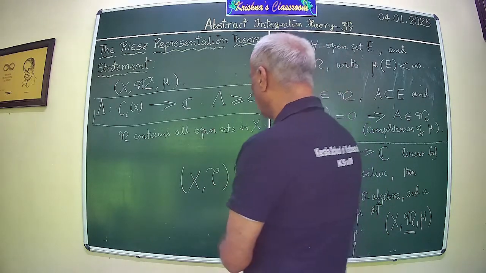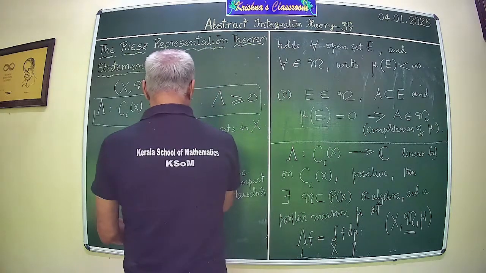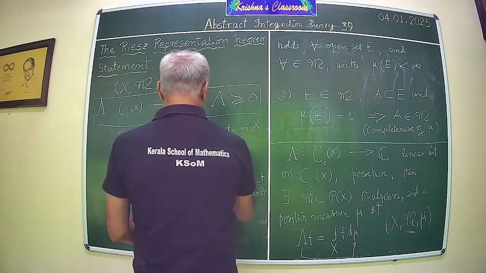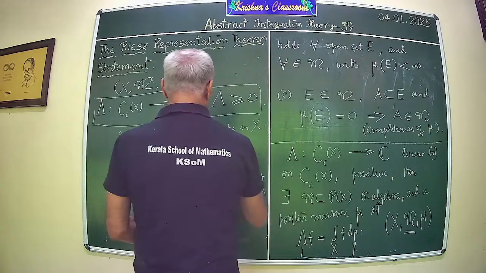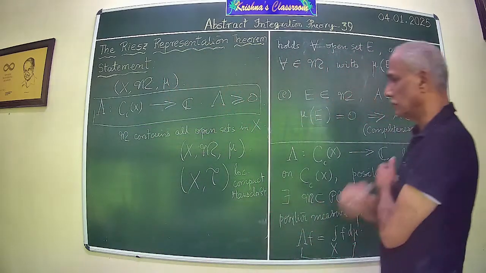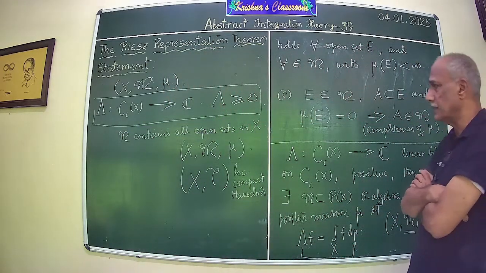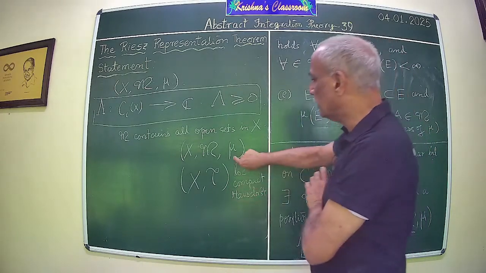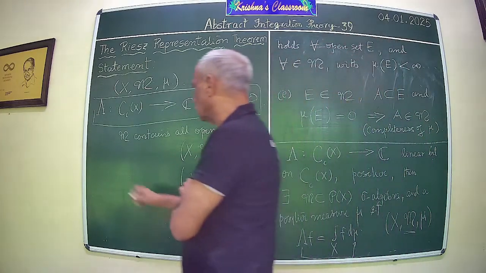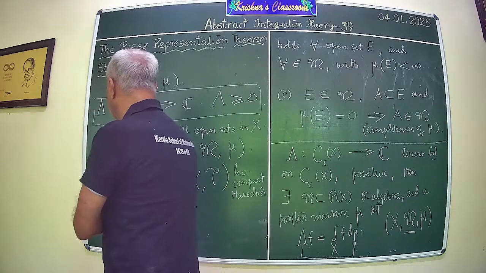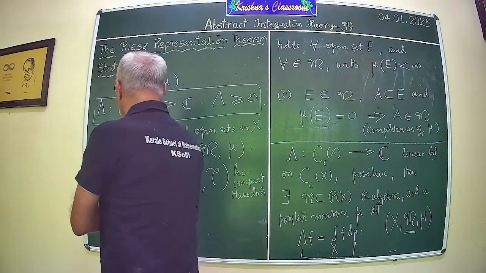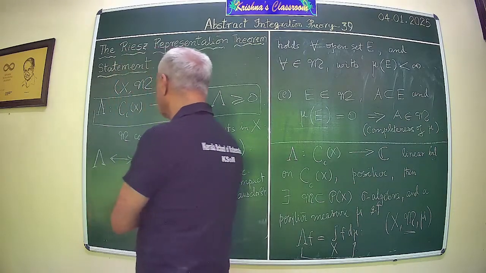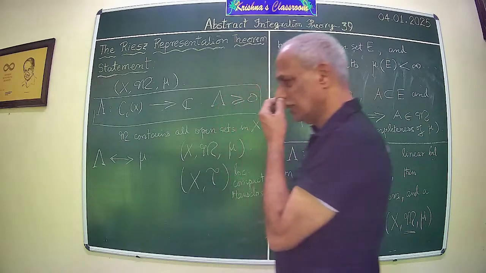On X now a new structure comes. A measure structure comes. So there are measurable sets and a measure defined. Okay, this is induced by your lambda. So lambda induces mu, and of course mu induces the linear function.